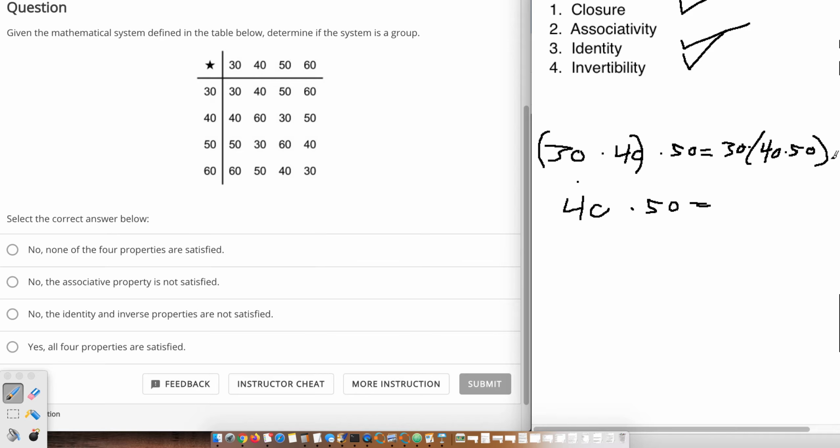And if you go 40 on the row, 50 on the column, you get out 30. You have to do parentheses first. So 40.50 gives us 30, and 30.30 gives us 30. So that's true. It needs to be true for every possible operation like that.